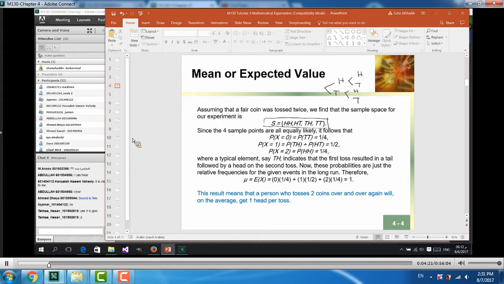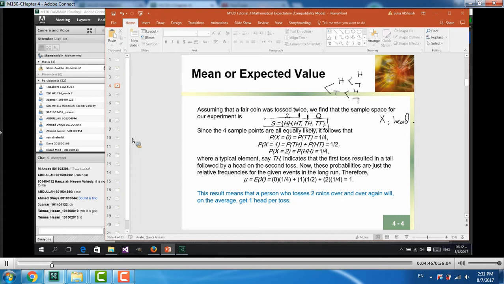Following the branches here, we have the outcomes head head, head tail, tail head, tail tail. Last time, we said my random variable x is getting a head. So here I have two heads, so 2. Here I have one head, so 1. One head, 1. Tail tail, so 0.